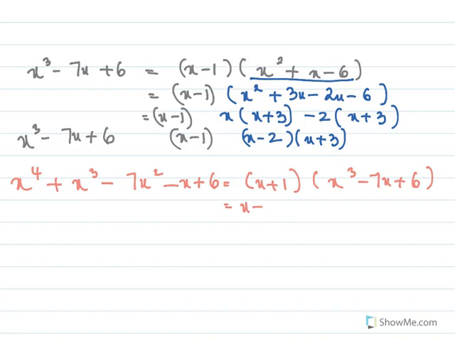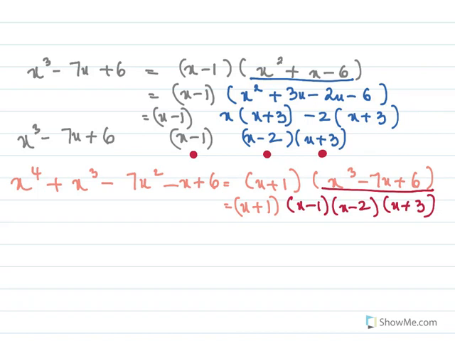Then we factorize this further. On factorizing this, we got these three factors. 1, 2, 3. So that's what we're going to write here. x minus 1, x minus 2, and x plus 3. So we've got 4 factors. 1, 2, 3, 4. And we expected 4 factors because the degree was 4.